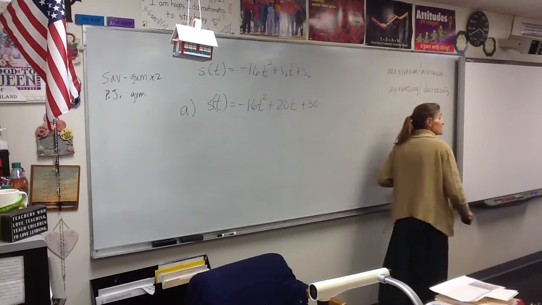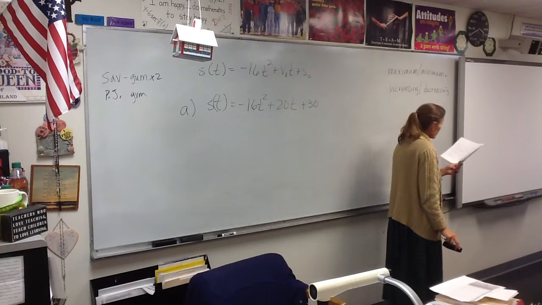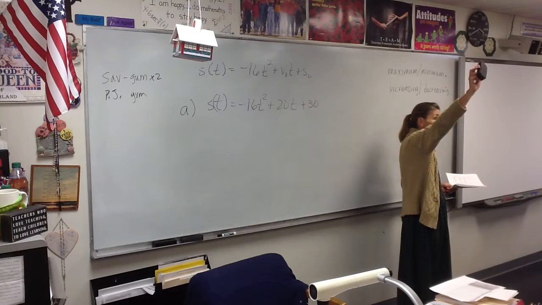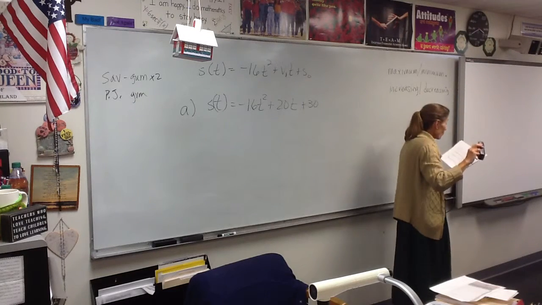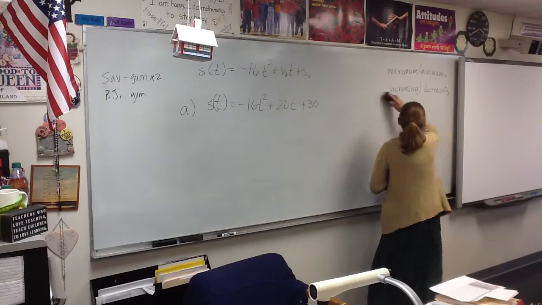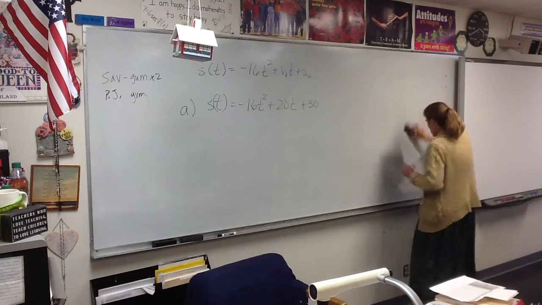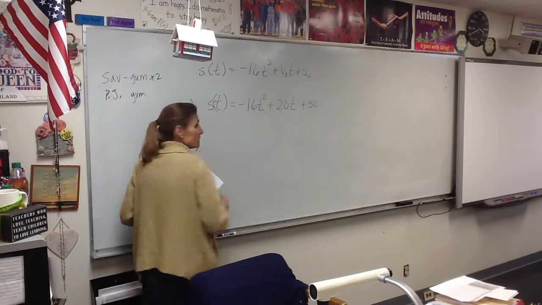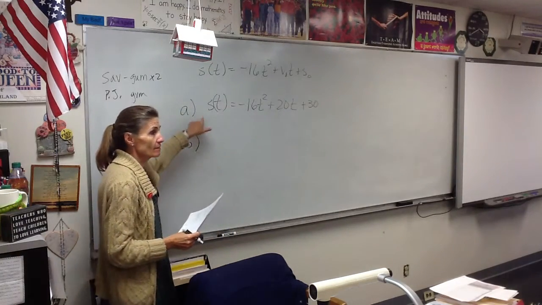S sub naught is the initial height, and I'm on a building 30 feet tall, right? So the ball is starting 30 feet above the ground, and I'm throwing it with a velocity of 20 feet per second. Are you with me? That's A. So those of you that said I couldn't figure it out, come on. That's A. That's all there is to it.